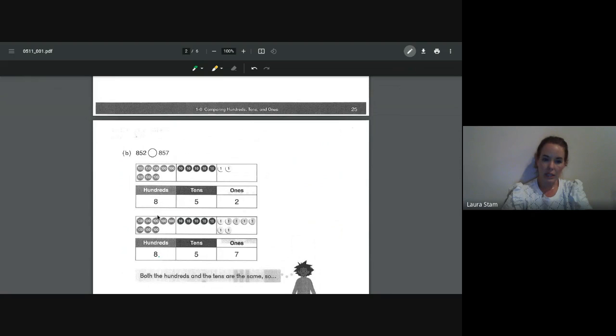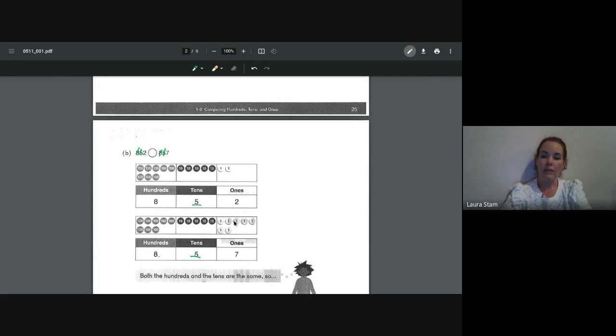So when we look at this, both of our hundreds are the exact same again, okay? So we can't really compare those. We have to move on. So we come to the tens place. Well, the tens, we have a 5 and we have a 5. So that's not going to help us either because they're exactly the same as well. So now we have to move to the ones place.